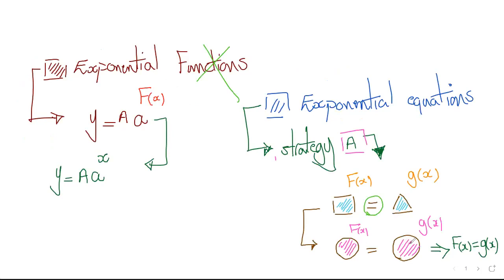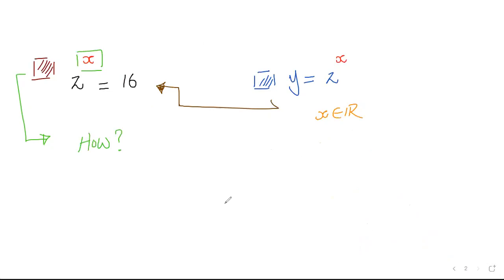Both of them now are circles. Then as a result, the exponents can be the same. So I'm going to look at this expression, 2 to the power x equals 16, and try to make changes so that the bases look the same.